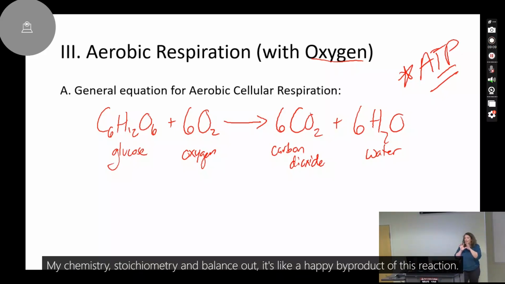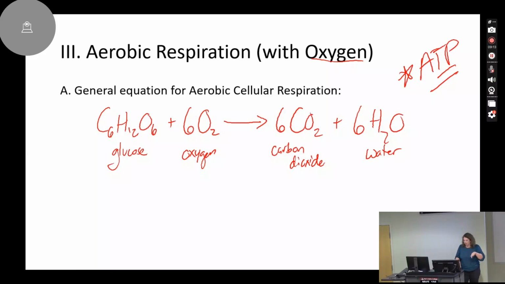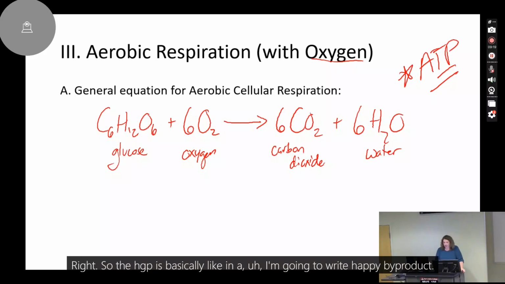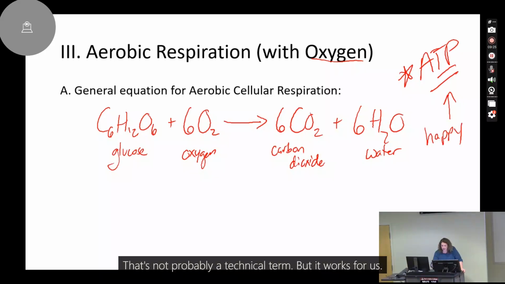It's like a happy byproduct of this reaction. Oh, because some of you are writing frantically. All right. So for the ATP I'm going to write happy byproduct. That's probably not a technical term, but it works for us.